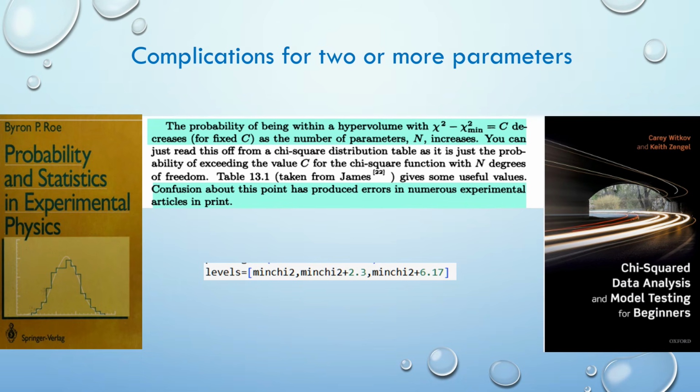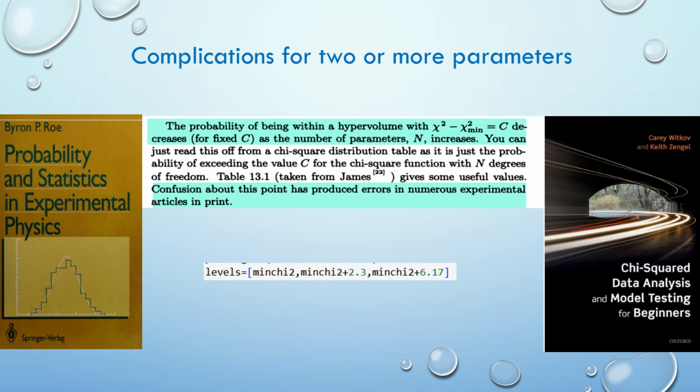Just a cautionary tale that things can get complicated fast with multiple parameter models is the following. Most of us are familiar with the fact that 68% of the area under a one-dimensional Gaussian occurs within the mean value plus or minus one standard deviation, and 95% of the area corresponds to the mean plus or minus two standard deviations.